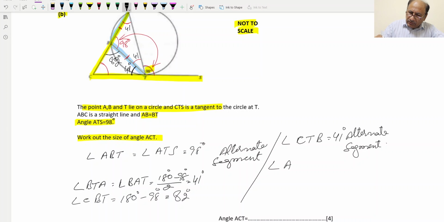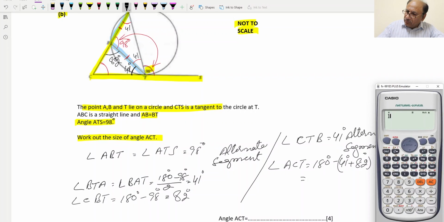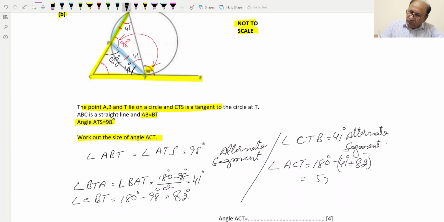So angle ACT will be equal to 180 minus, this will be 41 will be one angle, plus the other angle will be 41, 41 plus 41 will be 82, and these two angles we will subtract and we will get the answer. This will be 180 minus 41 plus 82, and this is equal to 57. So 57 will be our final answer for this 4-mark question.